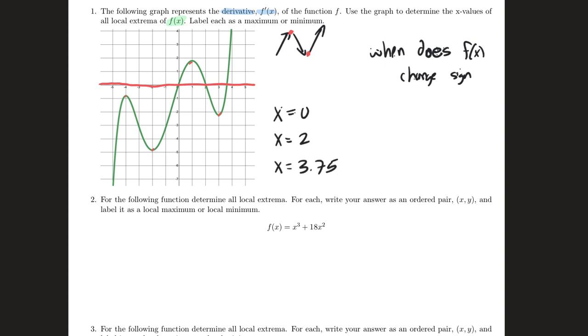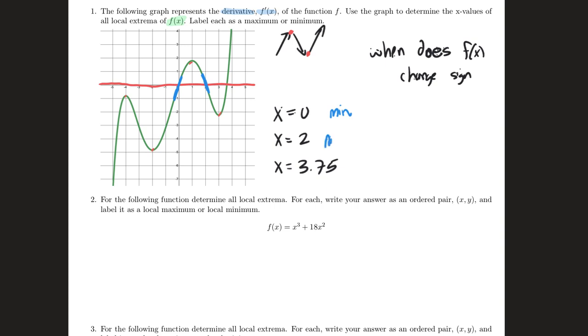And then are these going to be maxes or mins? At 0, I switch from negative values to positive values, which means my original function goes from decreasing to increasing, makes that a minimum. At 2, my function values go from positive to negative, which means my original goes from increasing to decreasing, makes that a maximum.